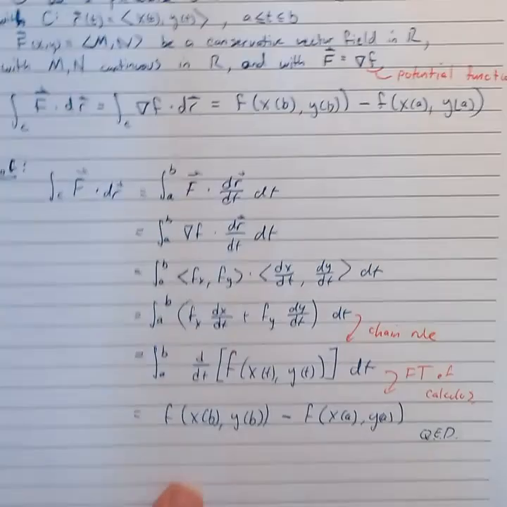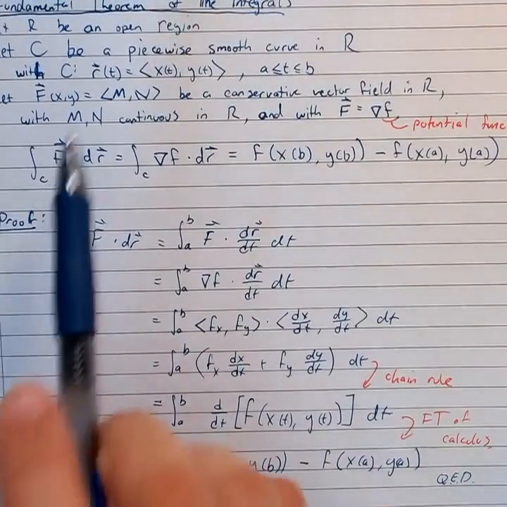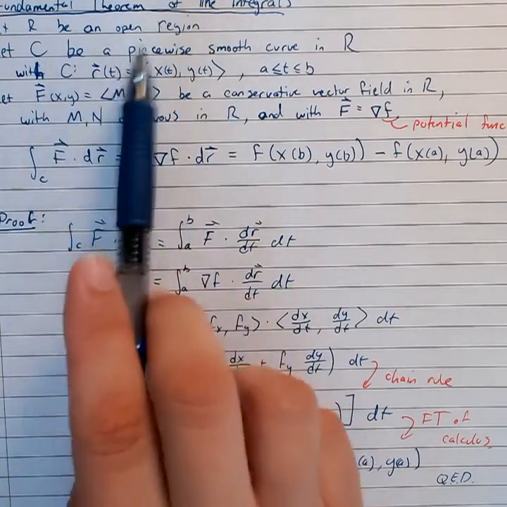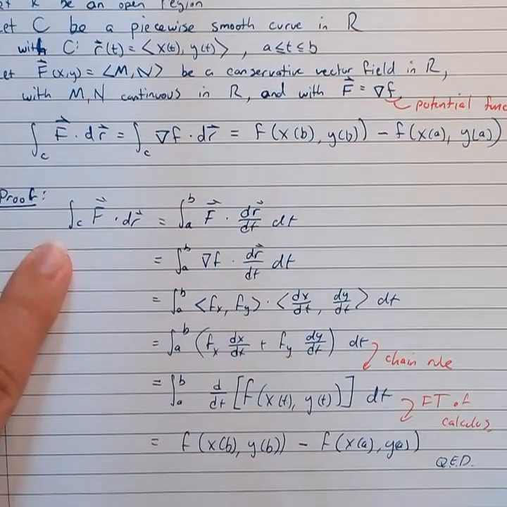So this confirms for us that as long as you have a conservative vector field, and as long as you have a curve that's piecewise smooth in some region of that vector field, taking the line integral doesn't depend on the line. It only depends on the potential function and on the beginning and end points of my curve.